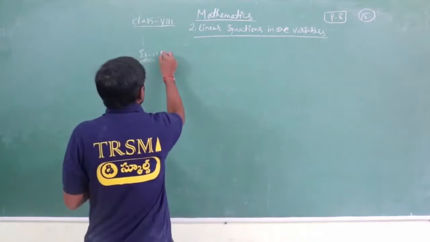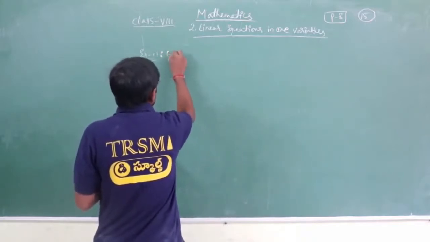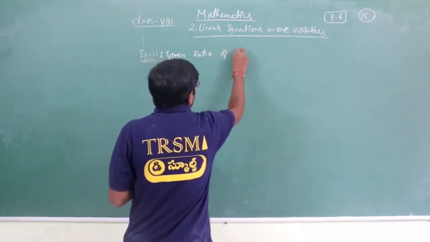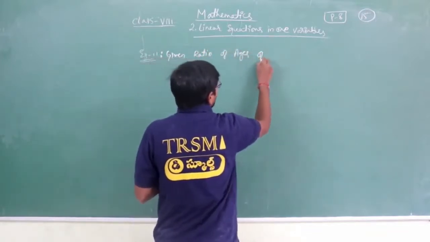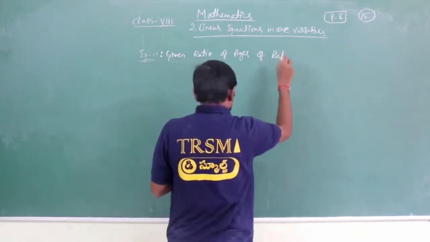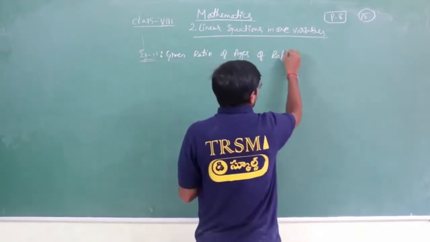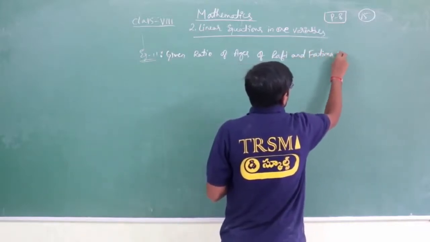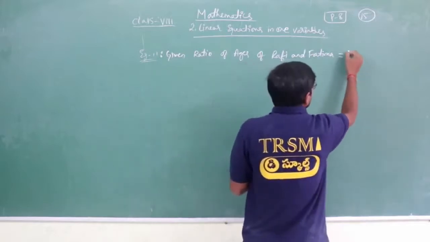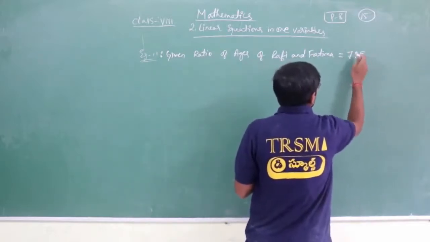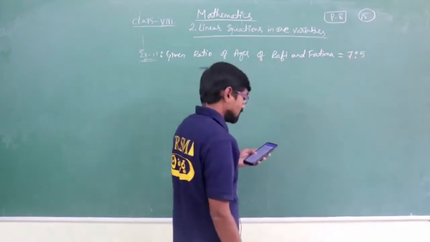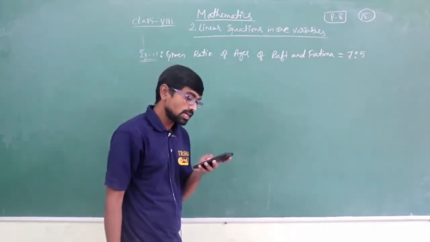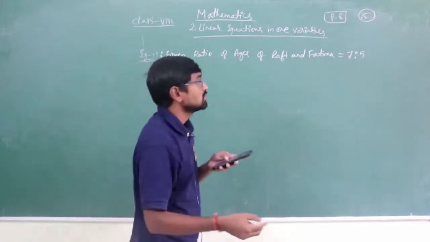So given: ratio of ages of Rafi and Fatima equals 7:5. Ten years later, the ratio of their ages will be 9:7.